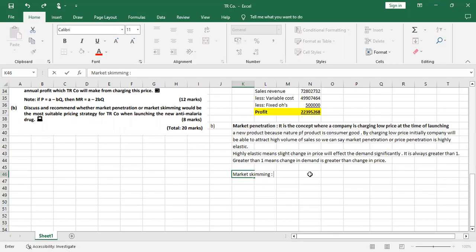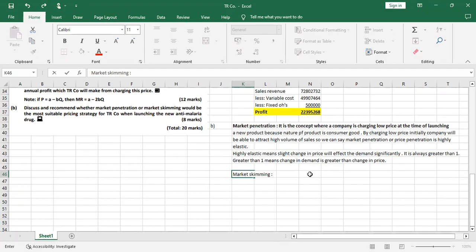So where there is a chance of obsolescence, company would try to charge maximum possible price at the time of launching, or at the beginning.